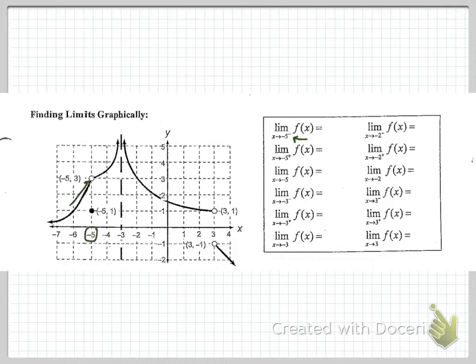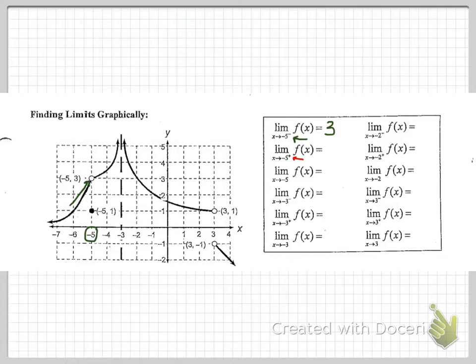This first one, as x approaches -5, I find -5 on the x, and we're approaching it from the left. So I'm going to draw a line. You see that my green arrow, if I'm walking along the function along the left side, I'm getting closer and closer to the y value of 3 as I get really close to the x value of -5. That means the limit from the left is 3.